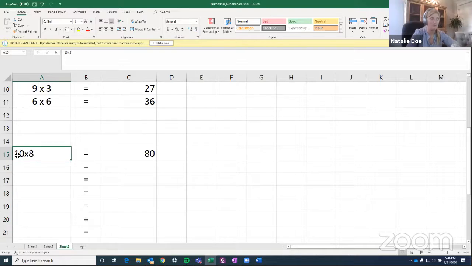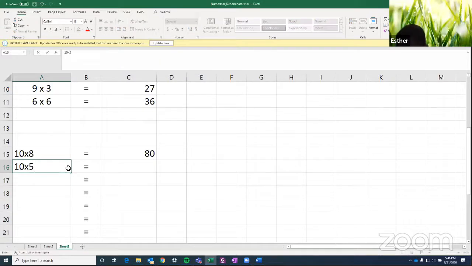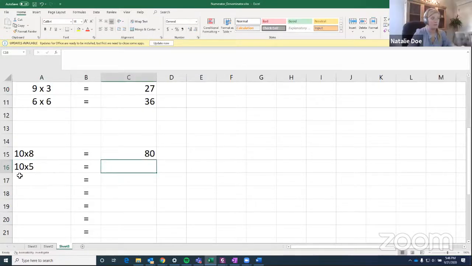So 8 times 1 is 8, and you add an extra 0 to get to 80. So same thing if I did 10 times 5. I multiply the 5 times the 1, so that's 5, and then I add an extra 0 to get 50.